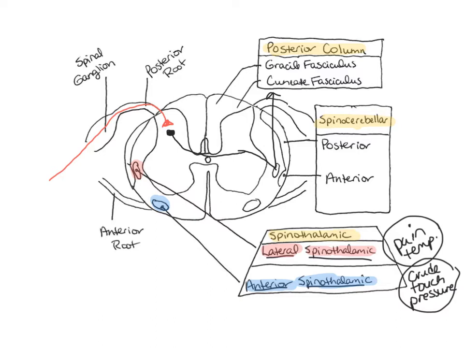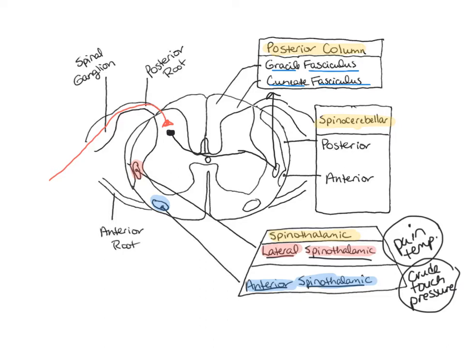Okay, let's look at the posterior column pathway. The posterior column pathway contains two fasciculi called the gracile fasciculus and the cuneate fasciculus. Do you remember where we heard about that before?